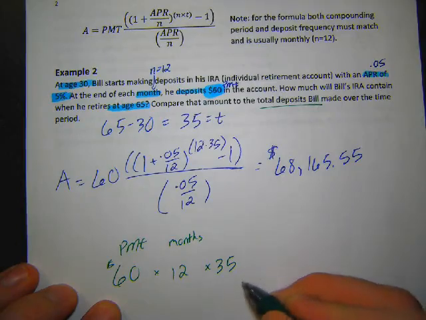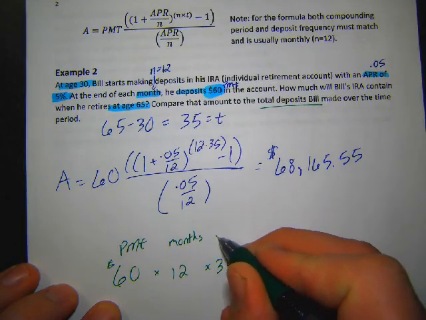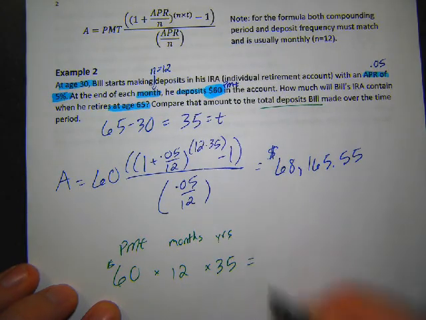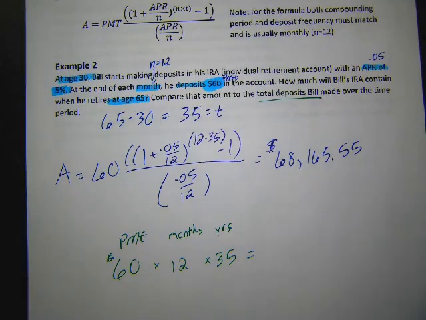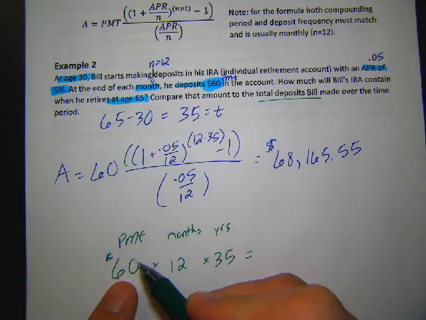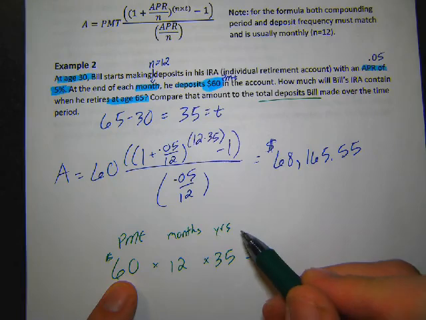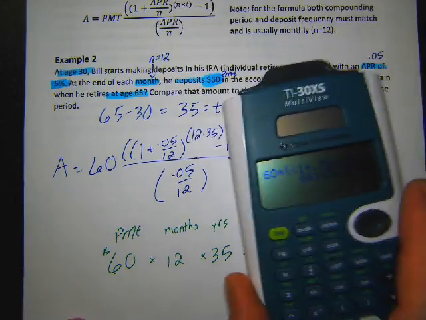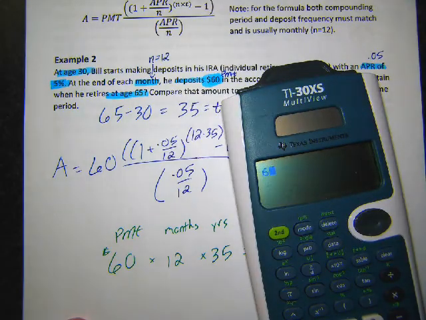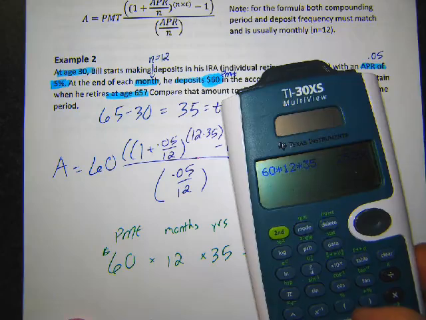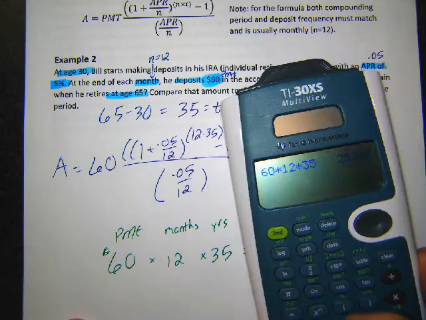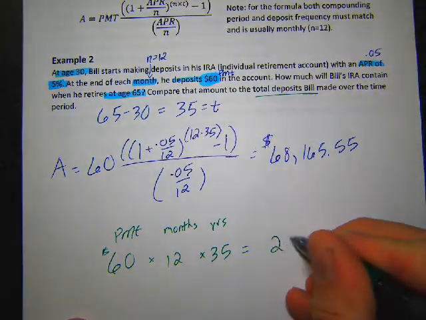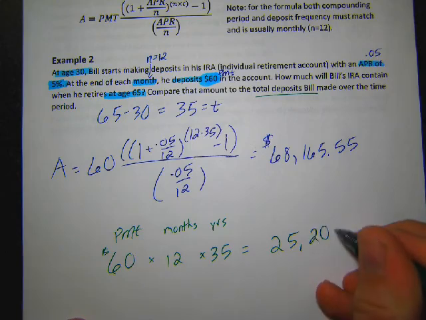This will tell us the amount that he actually deposited. It's not really a formula, but it makes sense that we take the monthly payment times the number of months in the year times the number of years, and we'll figure out the total he's paid in deposits. So we do 60 times 12 times 35. We end up with 25,200. So he actually only deposited $25,200.